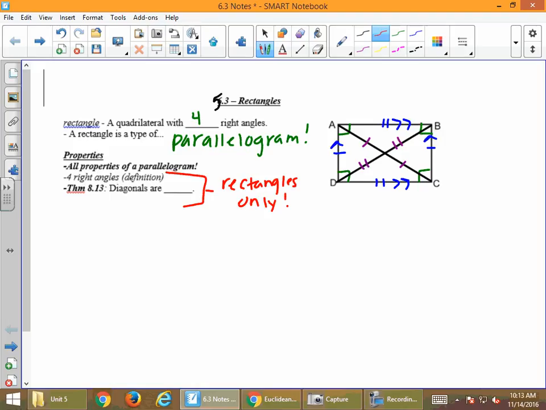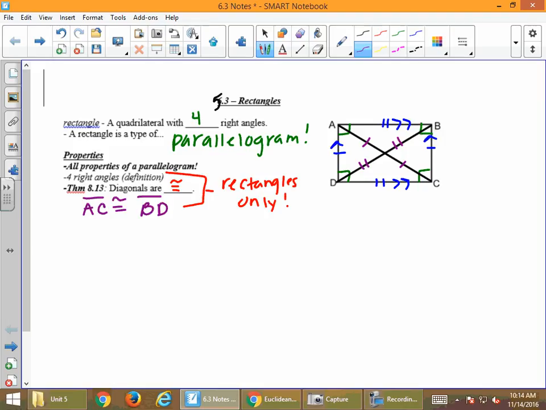One new thing is the diagonals are congruent. That's only in rectangles. Not all parallelograms have the same diagonals. If it's a rectangle, you know the diagonals are the same, which means that AC is congruent to BD. This distance is the same as that distance.